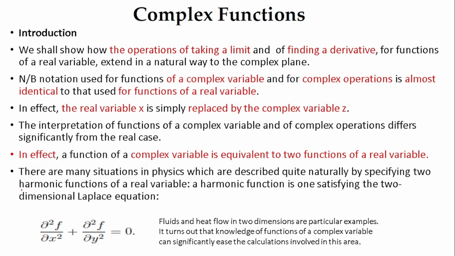So you will see that in the complex world, we are going to have different approaches, which is why we are studying this course. And in the real sense, a function of a complex variable is generally equal to two functions of real variables. What I mean is, if you take a particular function in the complex world, it must have two real variables. One complex has two real variables.